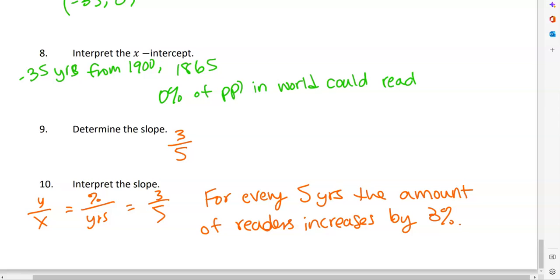So what I did right here is a great way to set it up for you. I know slope is y over x. In this problem, my y's were percentages, my x's were years. And then you can put that next to your actual numbers, and that can help you write out that sentence. You could also say the percentage of readers increases by 3% every 5 years. You could flip-flop it if you want to.